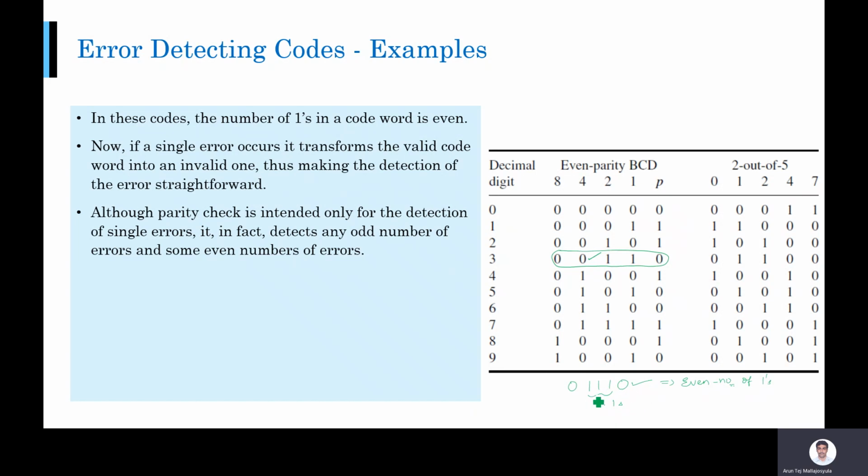It is possible that you're having three 1s and the error is actually in the parity bit. So maybe the original number was actually 0111, or one of these ones is a 0, and you're getting even parity for parity bit to be 0. So what exactly is the error, we do not know, but clearly the error is there.